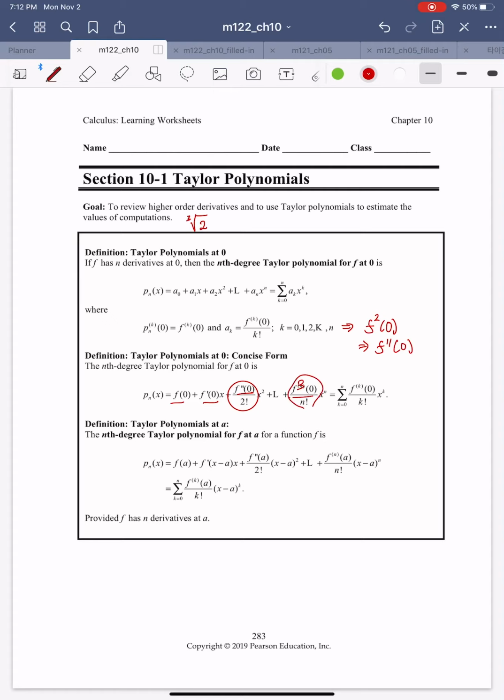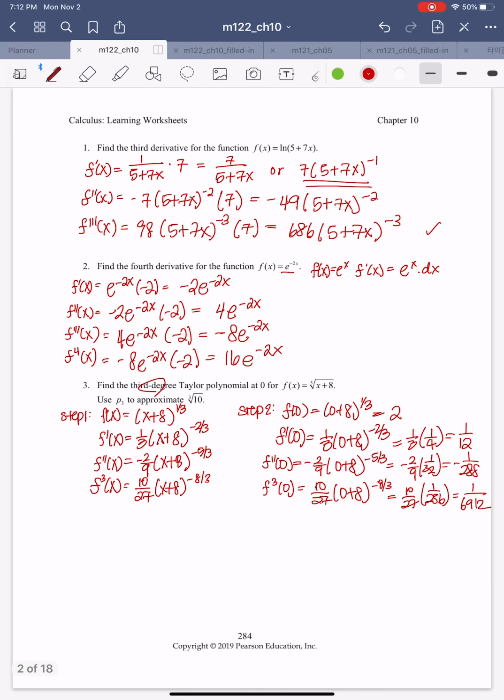So I'm going to find the coefficient of the Taylor polynomial by putting in 2 factorial and then 3 factorial. So step 3, find the coefficients of the Taylor polynomial.